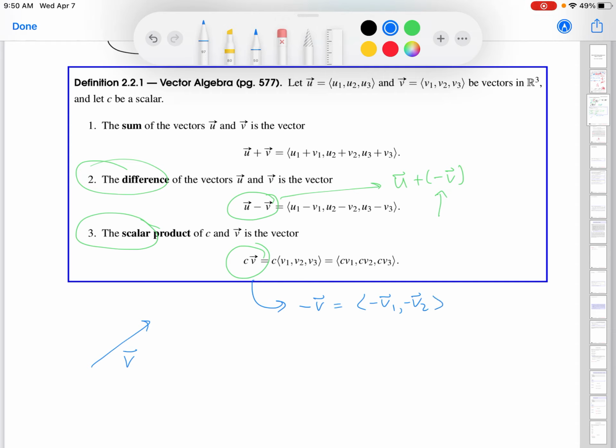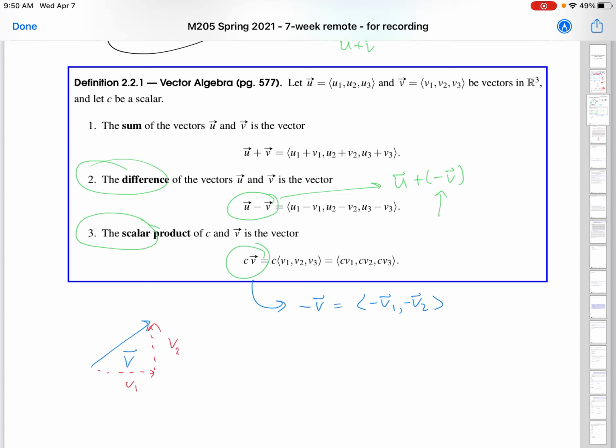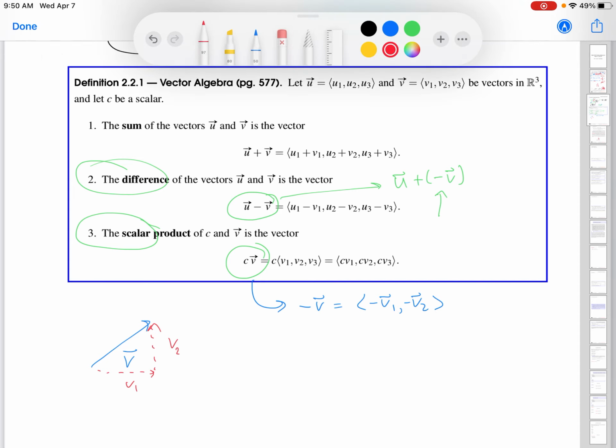Great, so if this is my vector v, and again I look at it in terms of components, here's v1, the x component, here's v2, the y component. I'm now going to make these negative. These are positive numbers, so how do I do that? Well, if v2 is 7, it would become negative 7, so here's negative v2. If v1 is 3, it would become negative 3, so here's negative v1.